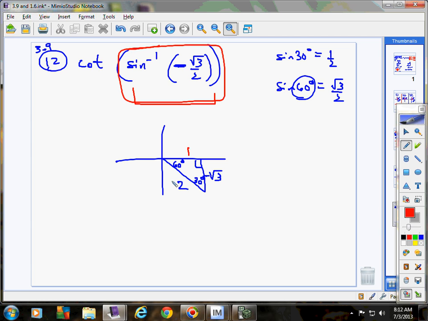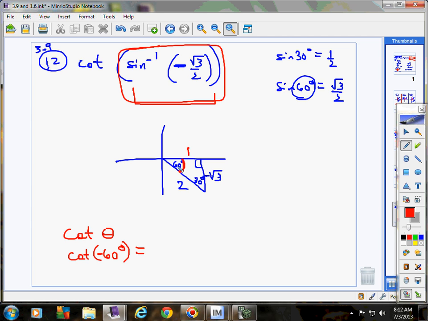Now I've got my triangle, and I want to find the cotangent of this stuff. This thing here is my angle. So I'm going to use this angle here as my reference angle. This angle of 60 degrees is my theta, so I could say, what's the cotangent of 60 degrees, really? I know I'm in quadrant 4. I need to put my negative in there, but I'm saying that this is my angle.